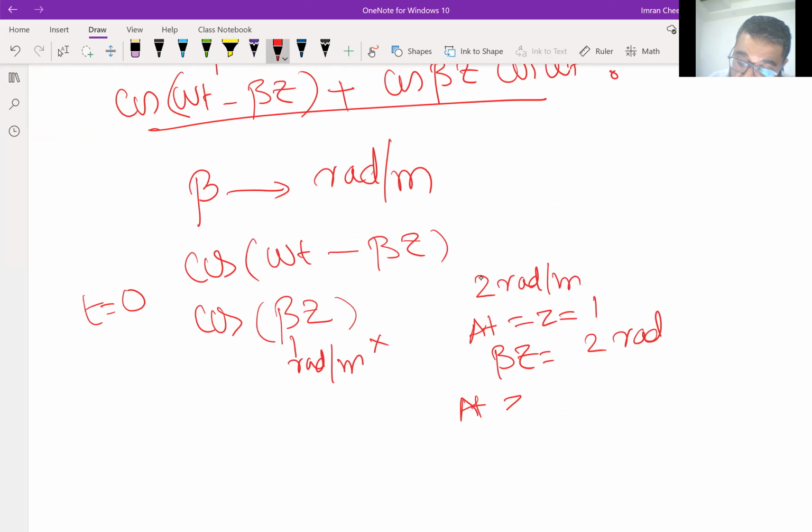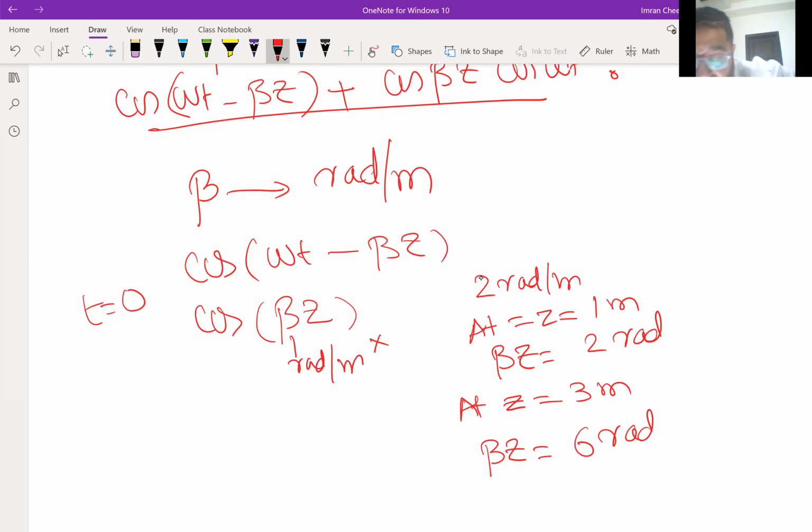At z equal to 3 meters, my beta z is 6 radians. What does it mean? It means that the wave accumulated a phase of 2 radians after traveling a distance of 1 meter, or the wave accumulated a phase of 6 radians after traveling a distance of 3 meters.